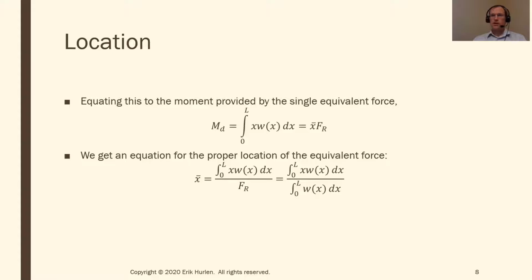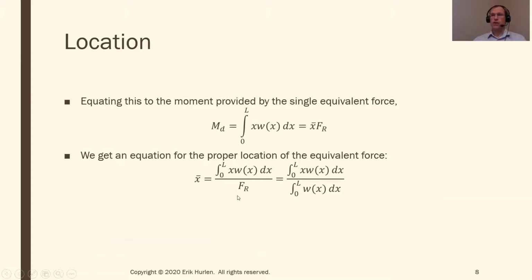Now, some of you who love math may realize that this equation is actually a very special equation. What this gives me mathematically is the centroid of the area. So just like the magnitude of the force is the area under the curve, for the location of the point load, I should be looking at the centroid of the distributed loading. Whatever that curve does, whatever area is produced by it, the centroid of that area is where to put this equivalent point load FR.